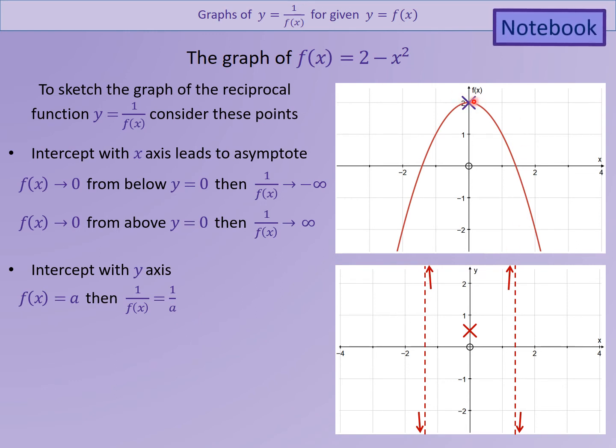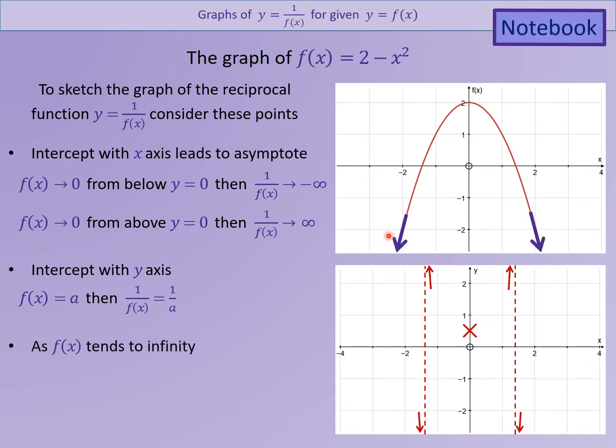Because this was 2, the 1 over graph will be 1 over 2, which is a half. So it's always the opposite. It's not a direct reflection, which some people make the mistake of, but because 2 goes to 1 over 2, that's what I've got here. So I can see a graph that's coming like that, crosses there, and does something else on this side.